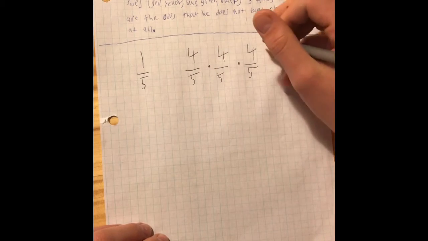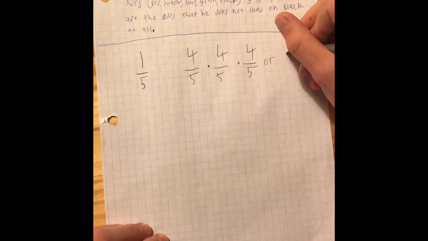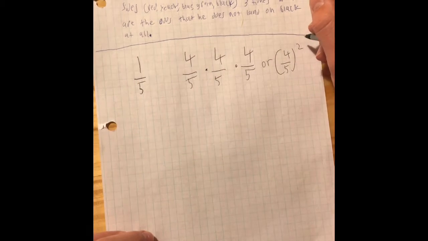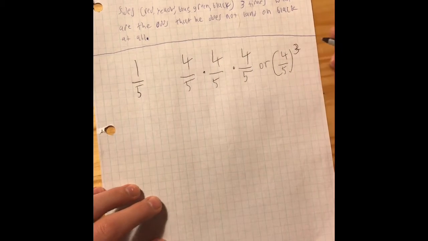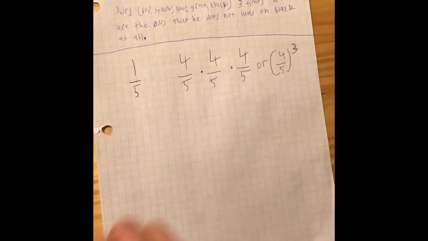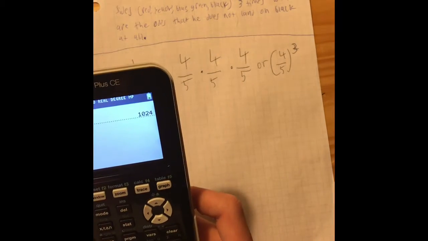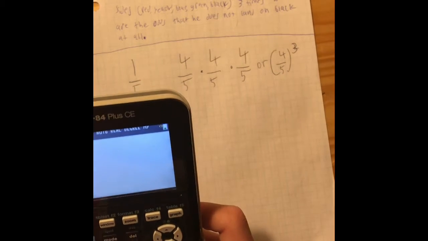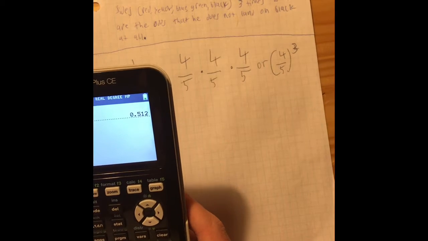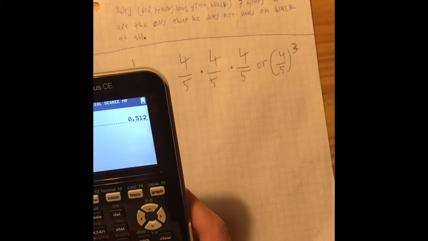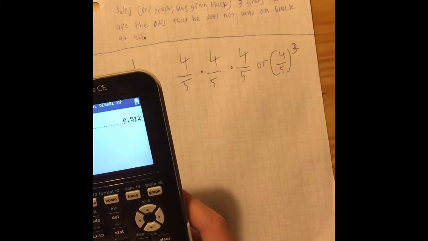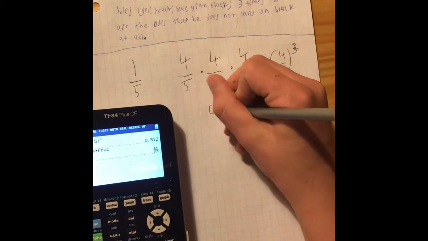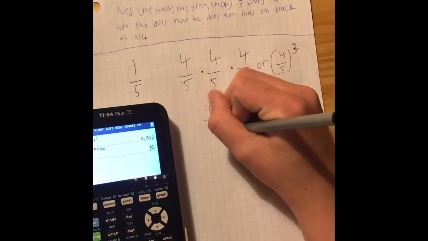So you would do 4 over 5 to the third, which would equal 64 over 125.